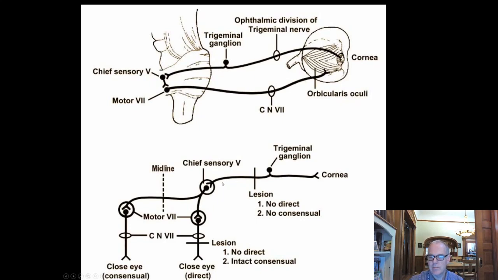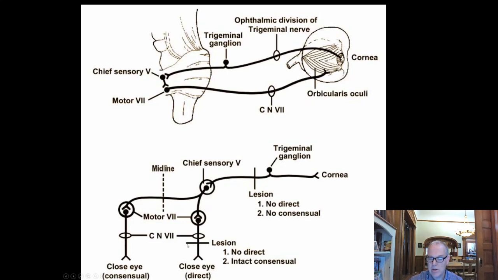All right, so in maybe a better drawing here, again, touching the cornea activates principal or chief sensory trigeminal nucleus, and then bilateral facial nerve nuclei. So if we have a lesion of the trigeminal nerve, you touch the cornea, nothing's going to happen. We don't get either direct or a consensual eye closure.